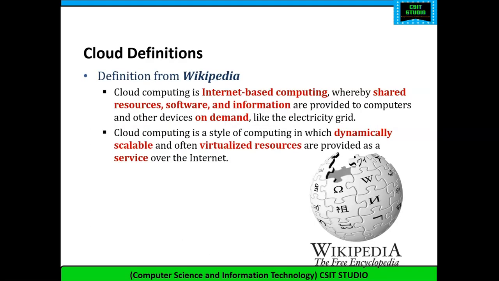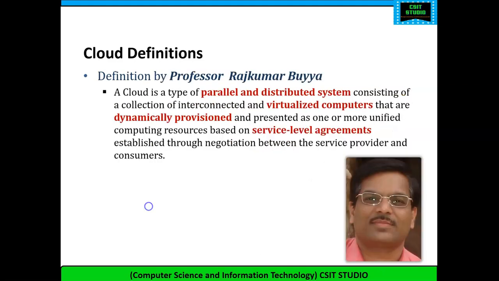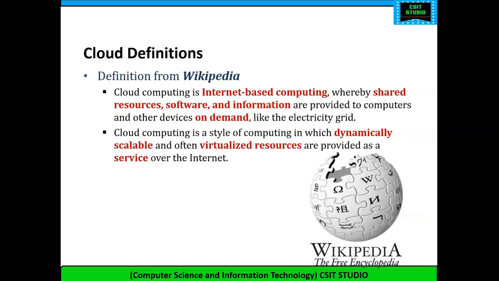And the definition of cloud computing by Weiss suggests that cloud computing is internet-based computing where resources are shared. By shared resources, I mean they are shared among multiple users, but each user has their own limit.